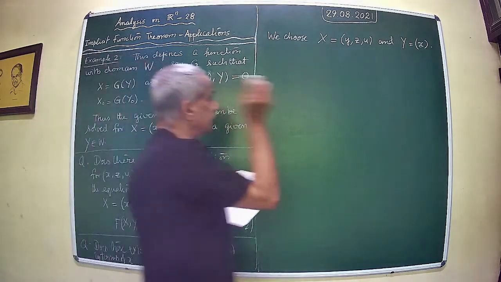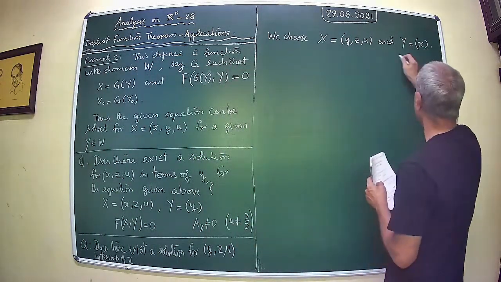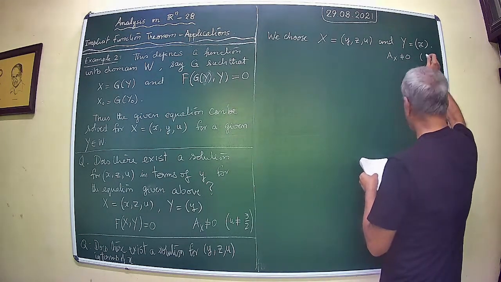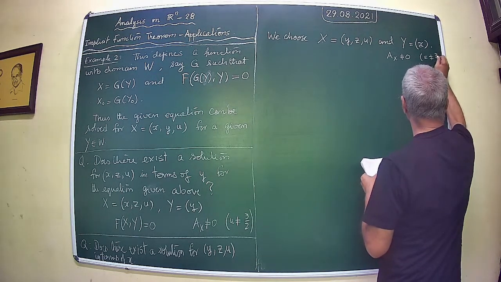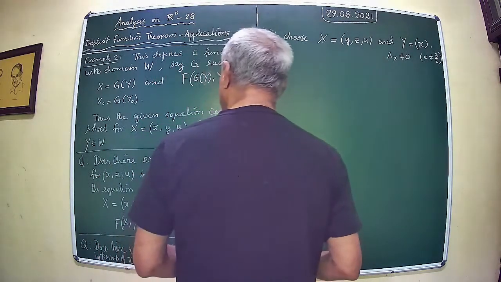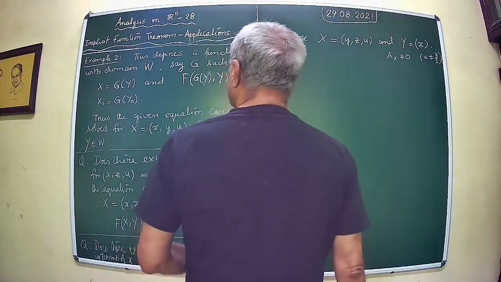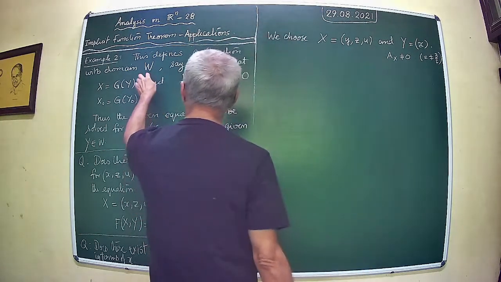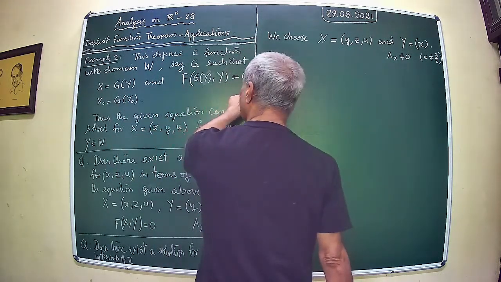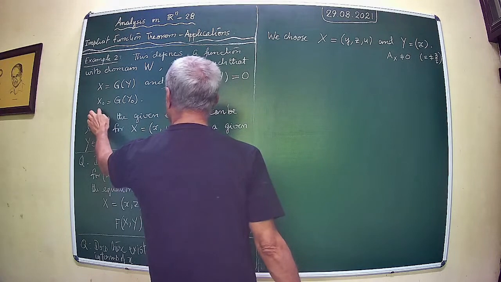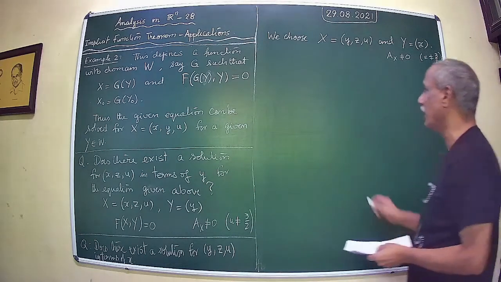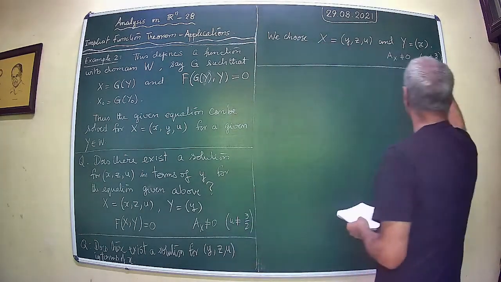And then you see that, of course, here also the corresponding Ax not equal to 0 would correspond to u not equal to 3 by 2. Once again, the same arguments follow. That is a function with domain W, say g, such that x is equal to g(y) and f of (g(y), y) equal to 0 with x naught equal to g(y naught), and that is as you have in part 1.